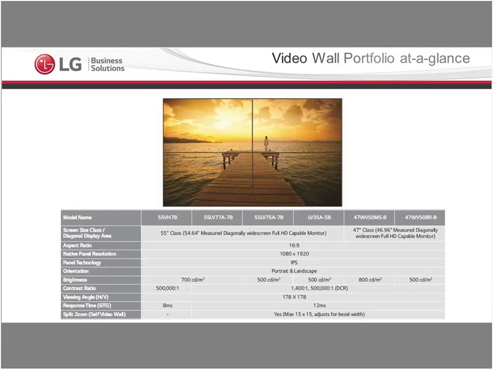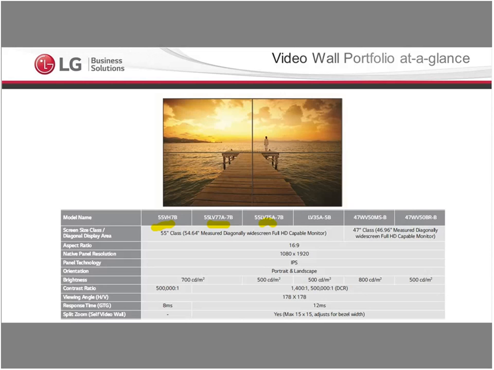We have the best in the VH7B. We've also now included the VM5B. We also have some of our legacy products that were also part of the best category, which is the 55 LV77A and also the LV75A.